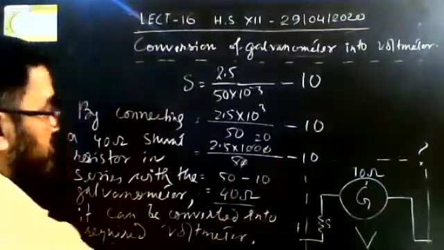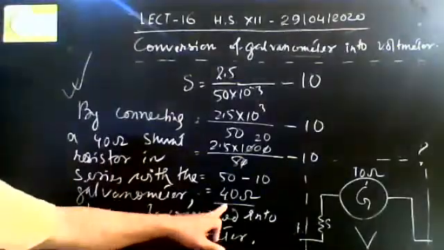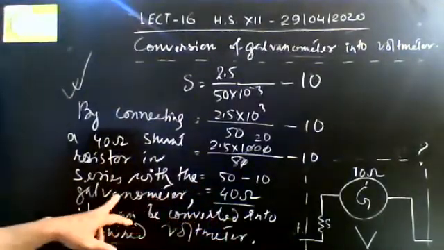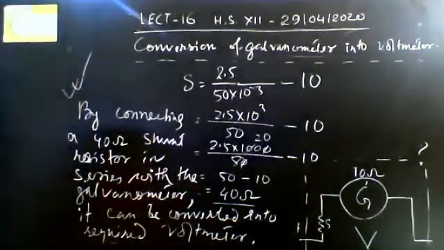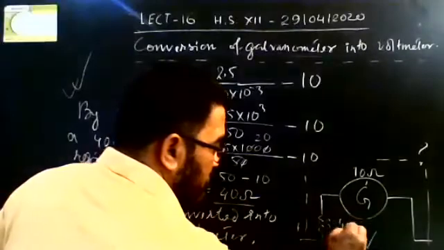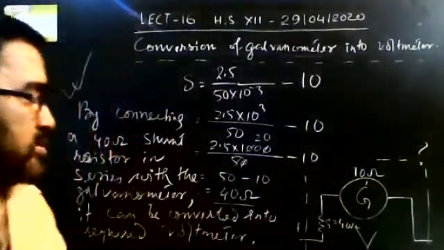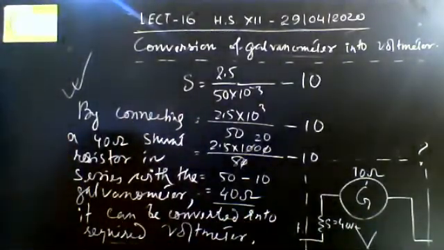Voltmeter. Very simple. So this is your conclusion: you have got the answer as 40 ohm. You have to write that by connecting a 40 ohm shunt resistor in series, this should be 40 ohm. So you have to convert this galvanometer into a voltmeter, then this will be a voltmeter.